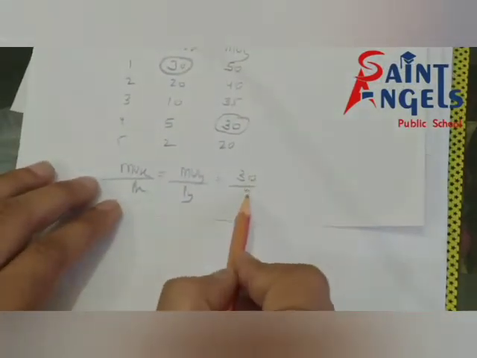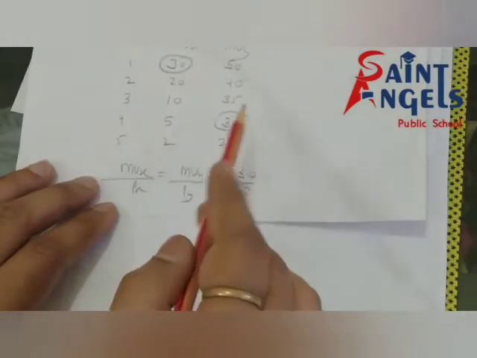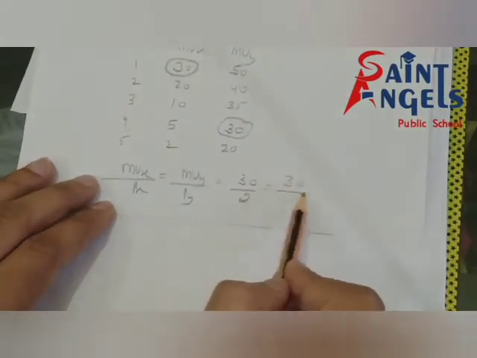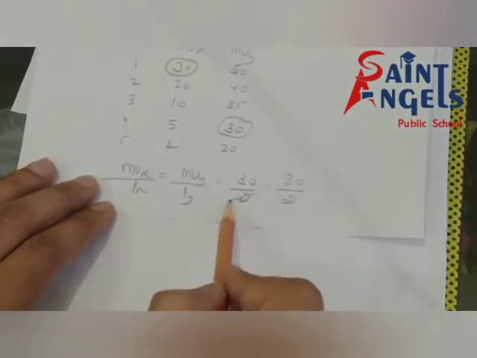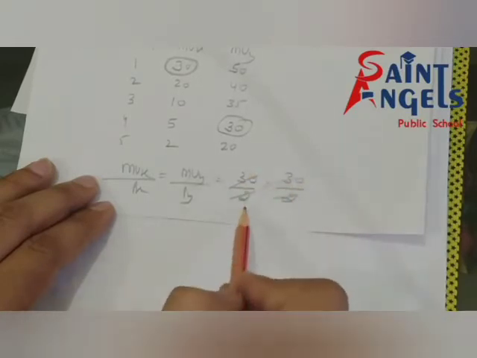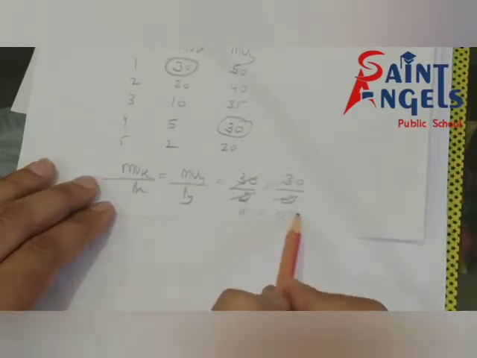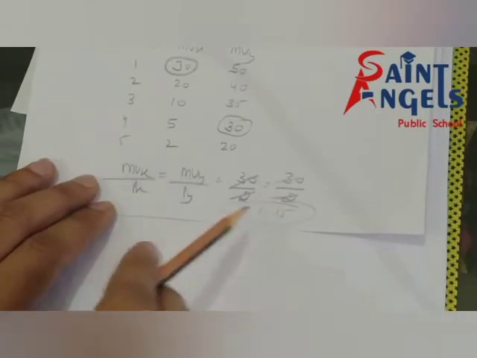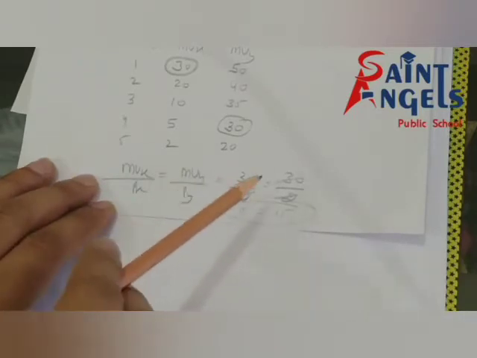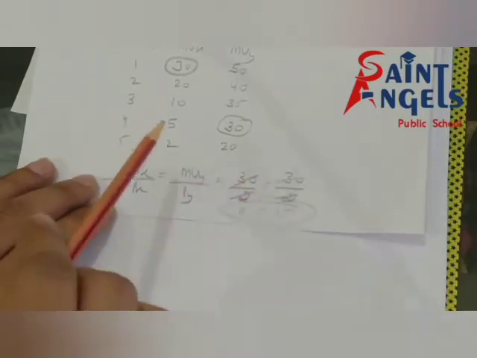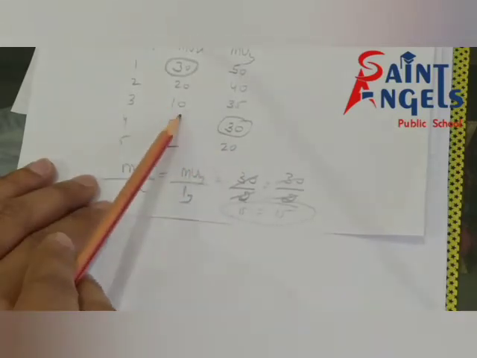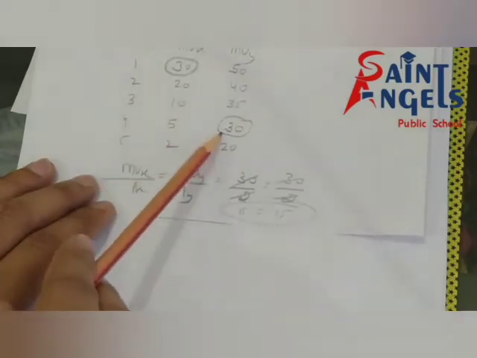See here, 2, and MUy is 30 upon 2, means 15. LHS equals RHS. We can see that both are equal. Now this table is showing consumer equilibrium.